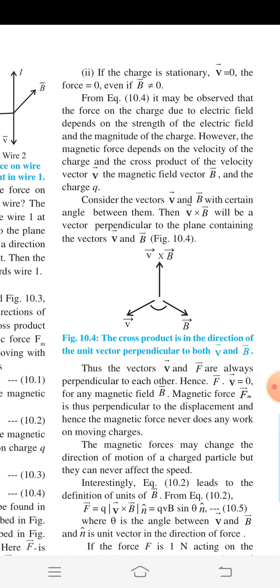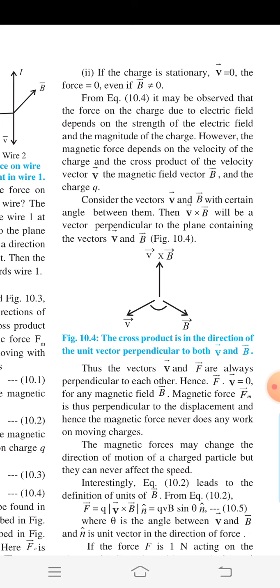Both things affect the force on the charge due to electric field.